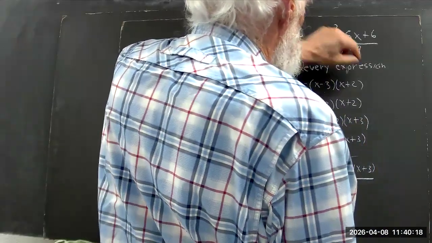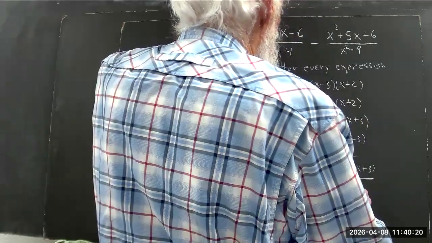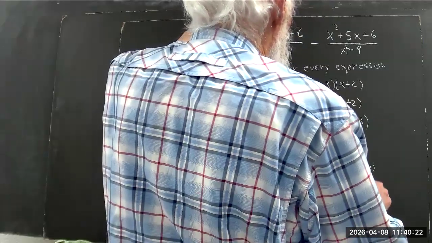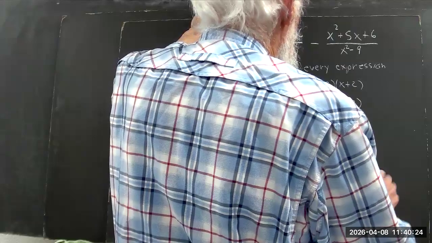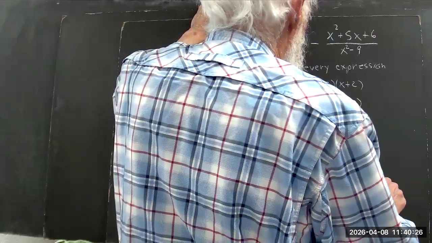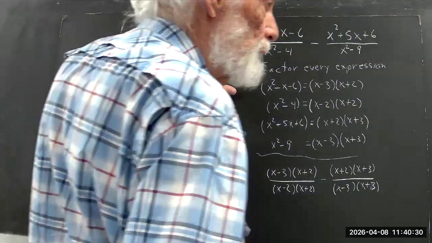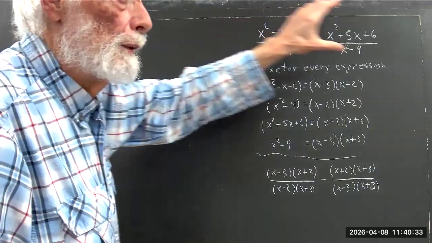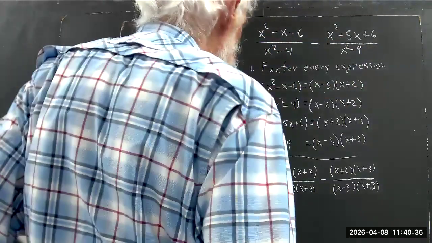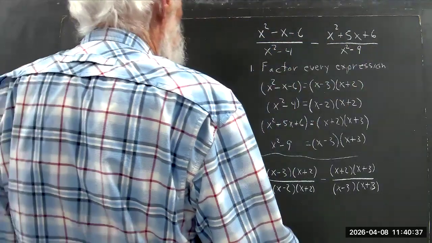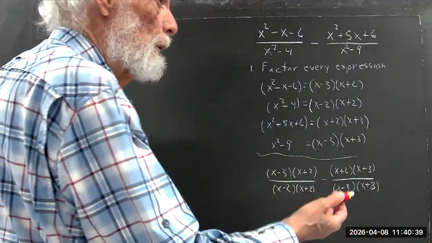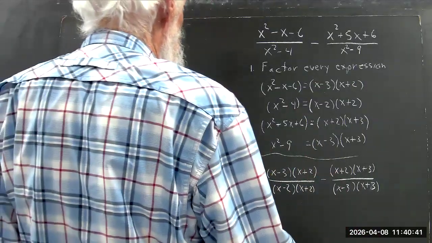And that's divided by x squared minus 9, which is x minus 3 times x plus 3. Okay, well, that's always the first step when you're dealing with rational expressions. Sometimes they're already in factored form. If they're not, you need to factor.